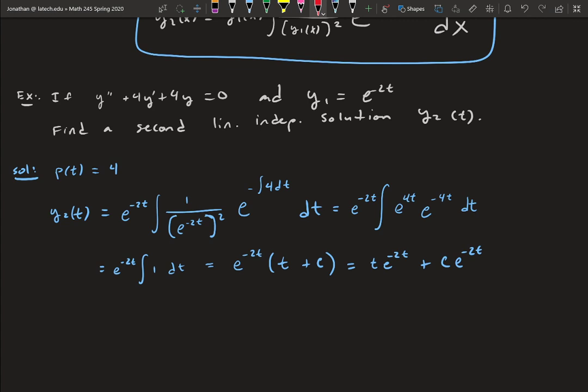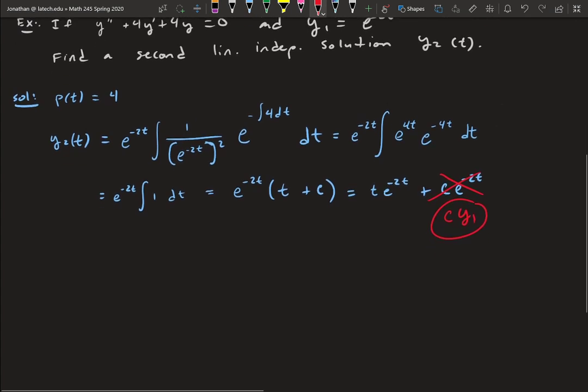But I don't worry about that because that's just a constant times y1, and we've already got a constant times y1 in our general solution. So that will just go over to our general solution, already in y sub h.